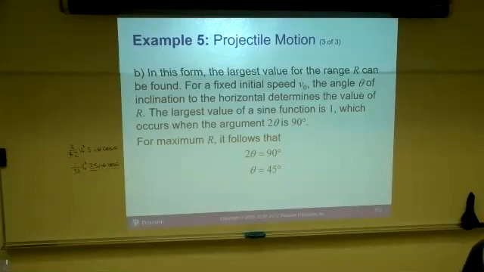Which is something that snipers or even hunters need to take into account. Because when you shoot a bullet, even from a high velocity rifle, it doesn't travel in a straight line. It has a parabolic shape.